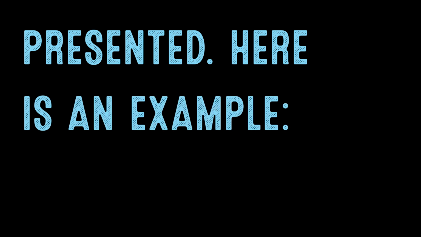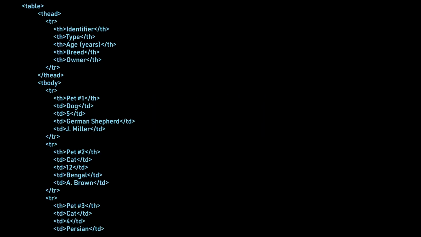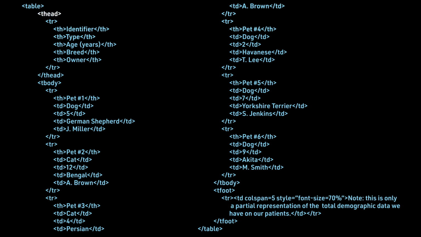Here is an example. So here we have a table element that encloses data for a table that has 5 columns. We have a thead element enclosing the first tr row, which has the 5 table heading elements that identify the headings of columns.